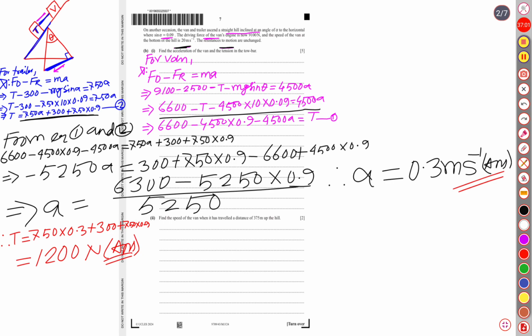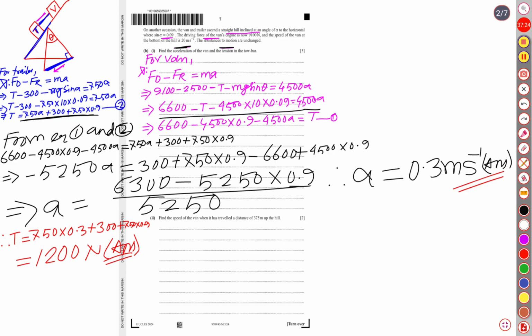Simply we have formed two simultaneous equations because two values are to be obtained, acceleration as well as tension. Stepwise we have formed two equations and solved them simultaneously.